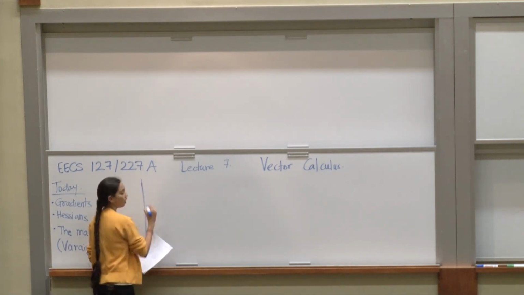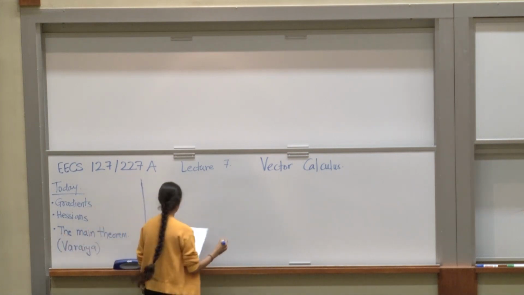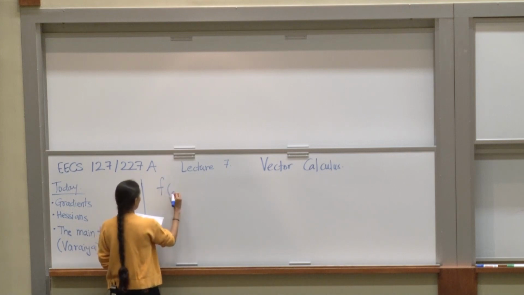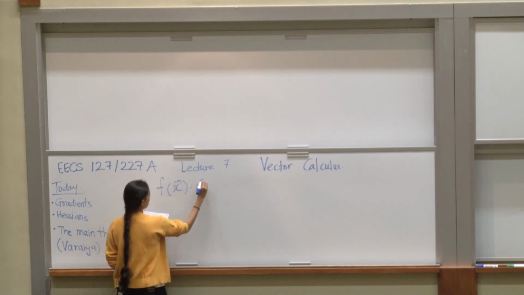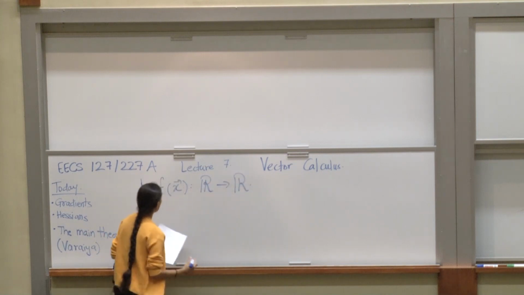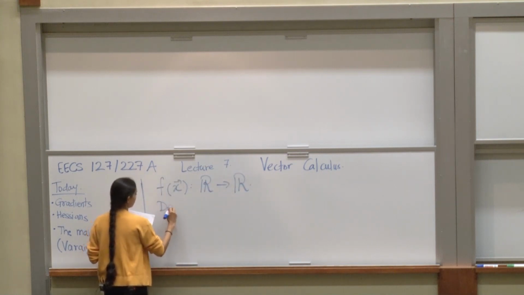So all of you have taken a calculus class before, and so all of you know what a derivative is, right? If I have some function f of x, let's say it's going from R to R, what is a derivative?